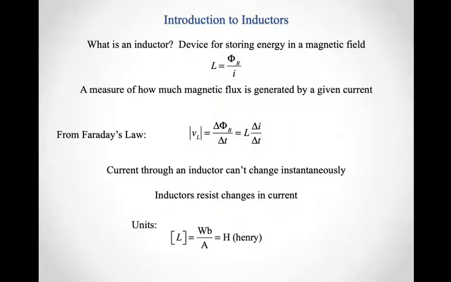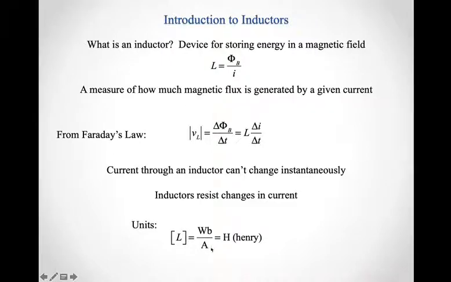So as with all the rest of these fundamental quantities for our circuit elements, we can use the equation for the inductance to determine what the units are for inductance. And so since the inductance is given by magnetic flux per current, then the units of inductance are going to have units of magnetic flux, which in SI units are Webers, over current, which is amps.